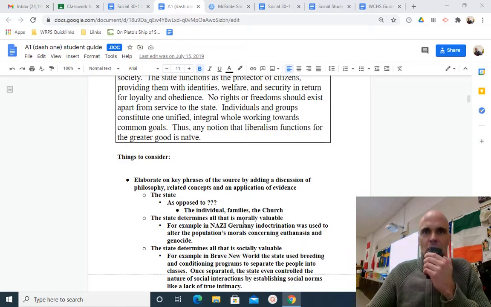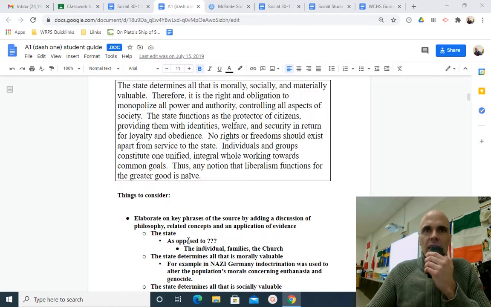So much like we've done here with this A1 source, we're going to break down the language in an A2. So here it says the state determines. Right there you should pause and say the state, as opposed to what? Opposed to individuals and families and churches. The state determines all that is morally valuable. So where does that lead us? For example, in Nazi Germany, indoctrination was used to alter the population's morals concerning euthanasia and genocide.